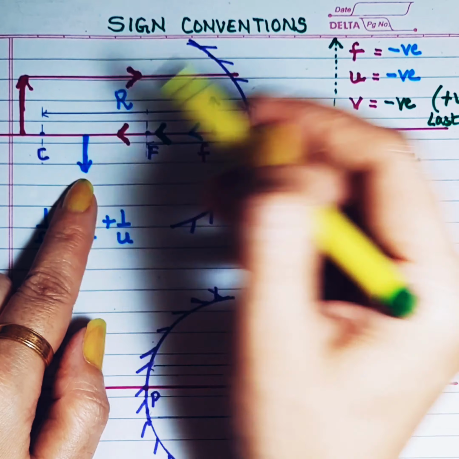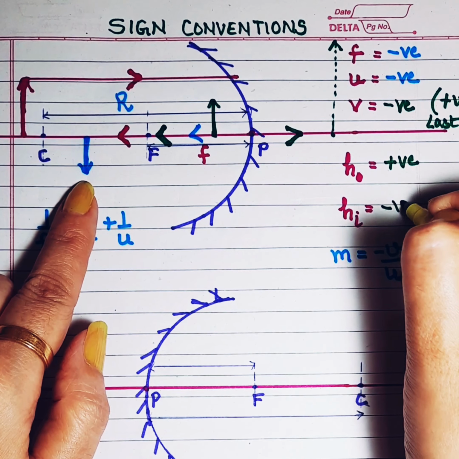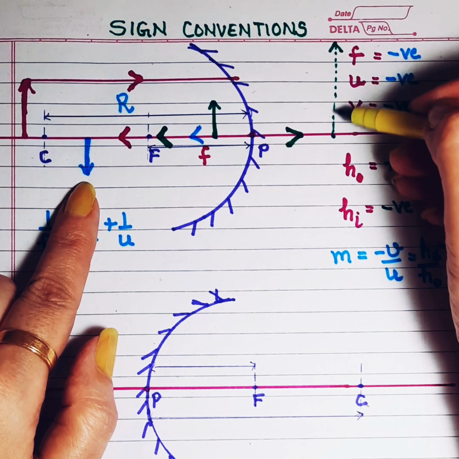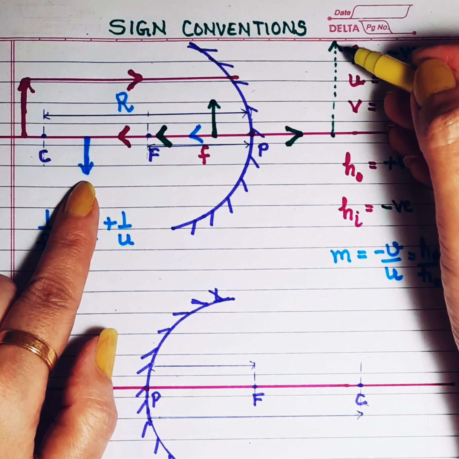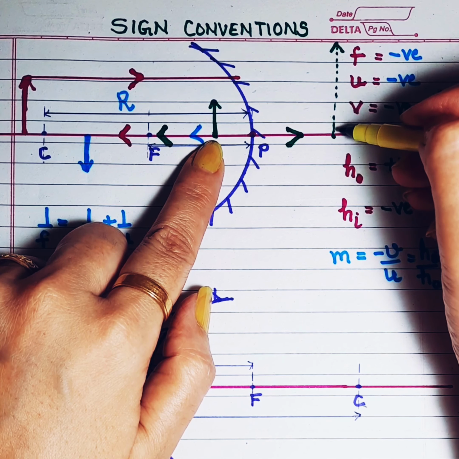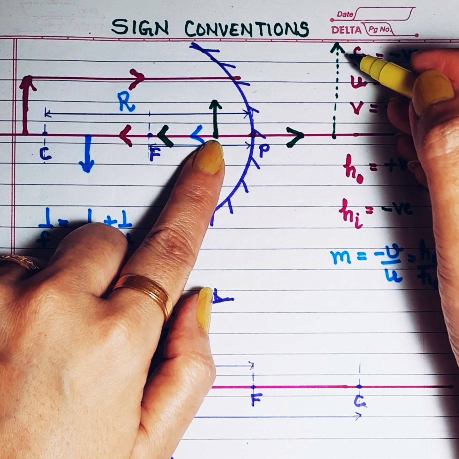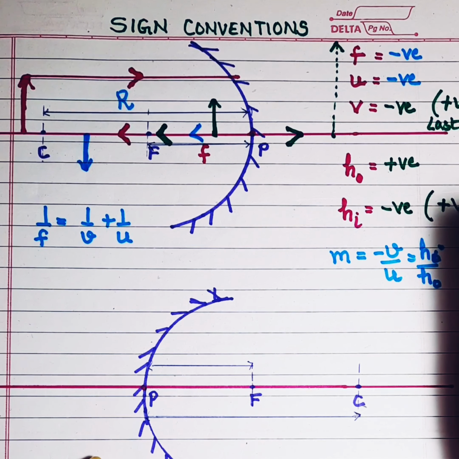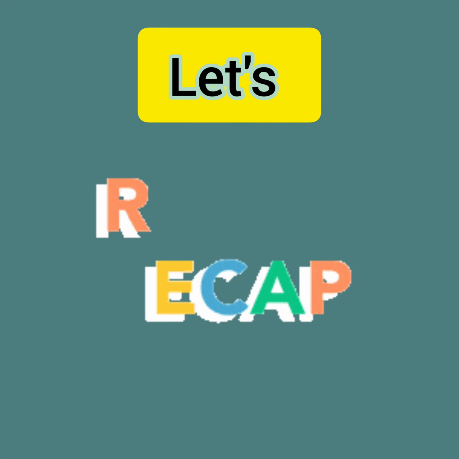So in that case the image height will be negative. But if I see the last case where the object is above the principal axis, the image is also above the principal axis. So in this case the image height will also be positive.